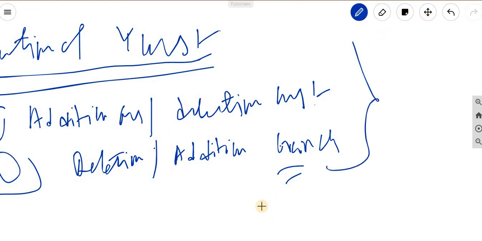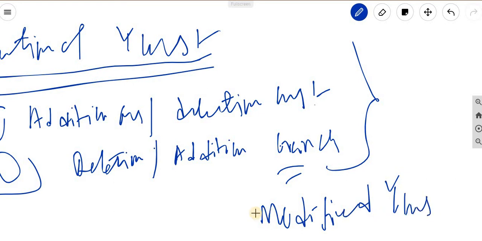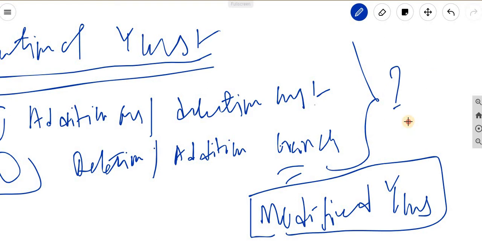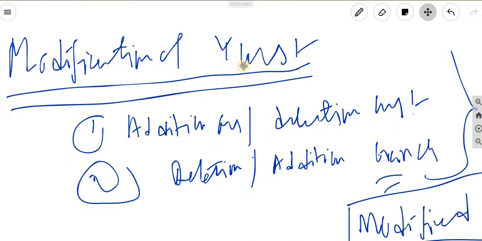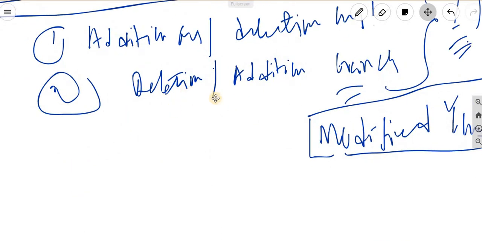What would be the modified Y bus? You have to work on this, because lots of problems will be asked in GATE and engineering services on the modification of Y bus in terms of addition or deletion of buses and deletion or addition of branches.